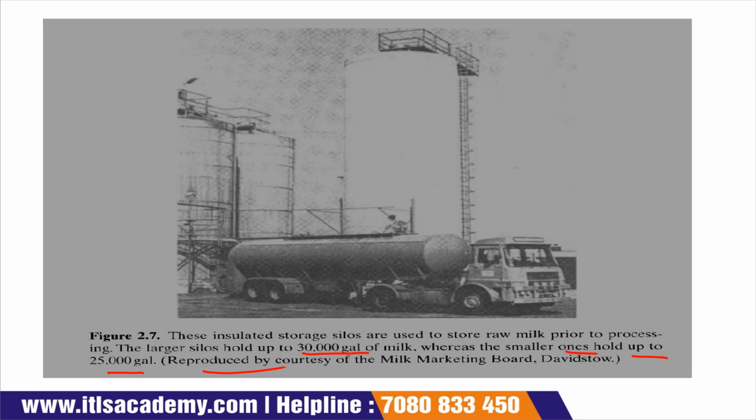Reproduced by courtesy of the Milk Marketing Board, David Stowe. This is the insulated tank where the milk is stored before processing starts, and here is a tank used for transportation. This is also a tank.